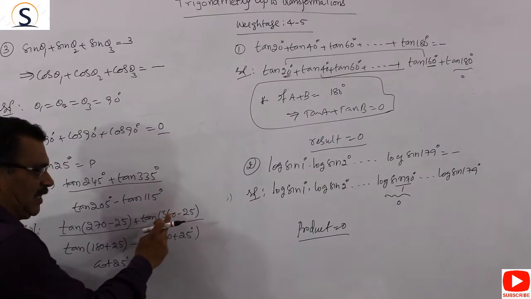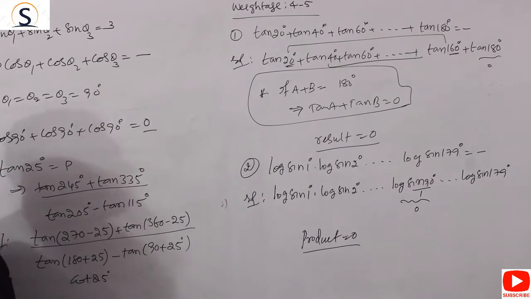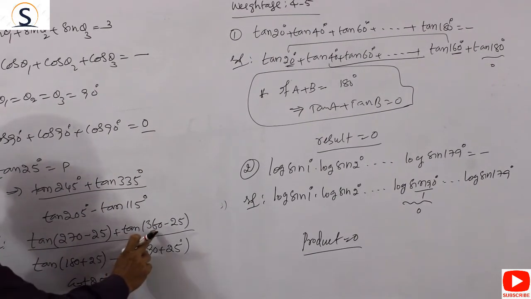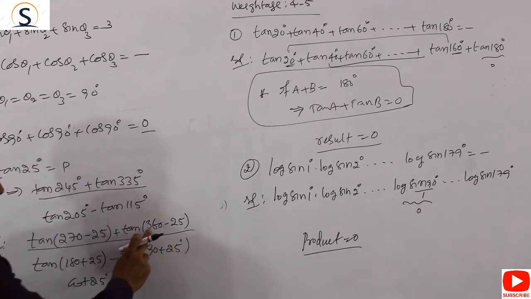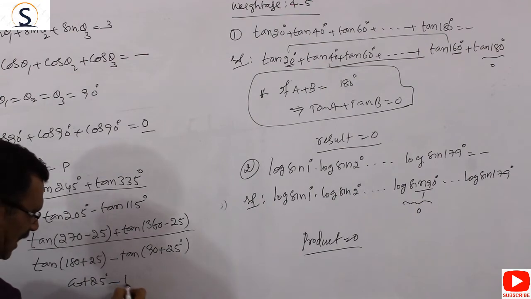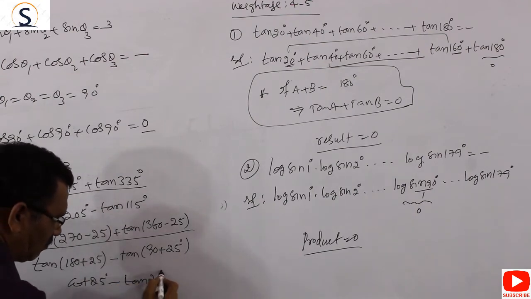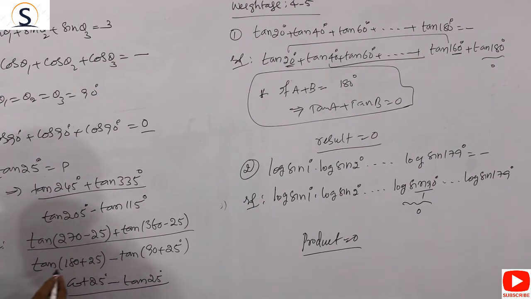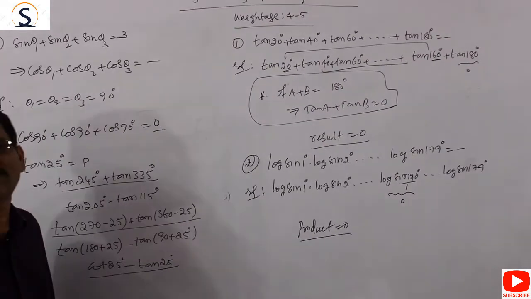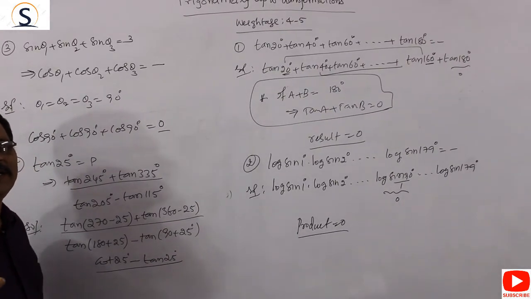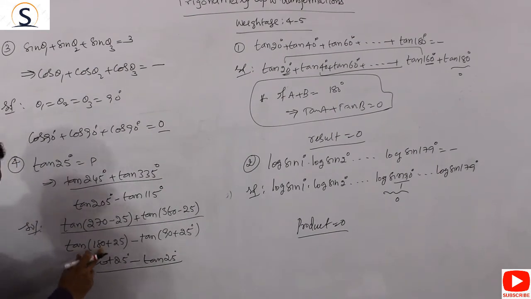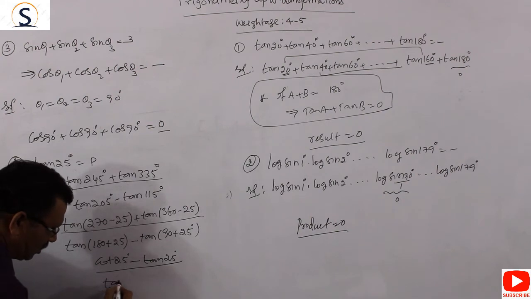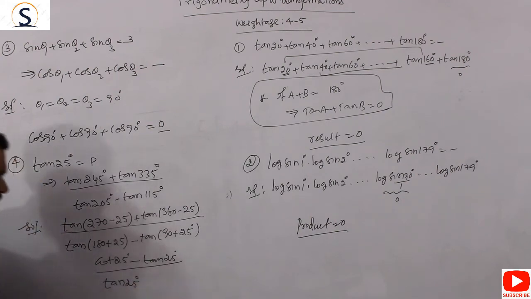Next, tan of 360 minus theta. 360 minus theta belongs to which quadrant? It is the fourth quadrant. In the fourth, tan is negative, but 360 is there, so you get the same tan 25. By tan of 180 plus theta, which is the third quadrant, where tan is positive, and since 180 is there, you get the same trigonometric ratio tan 25.